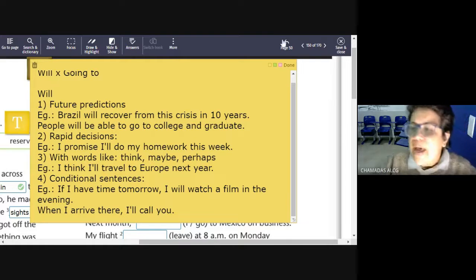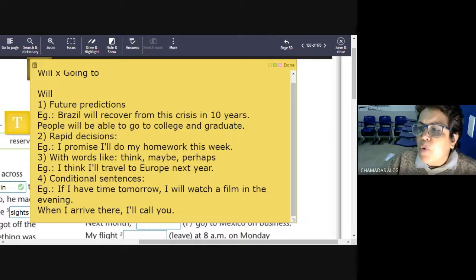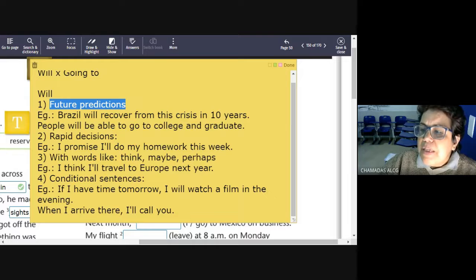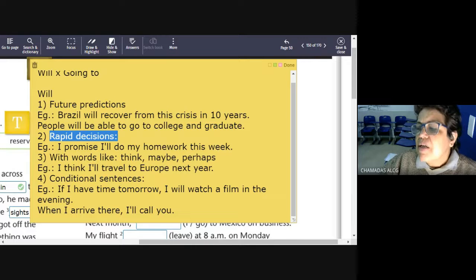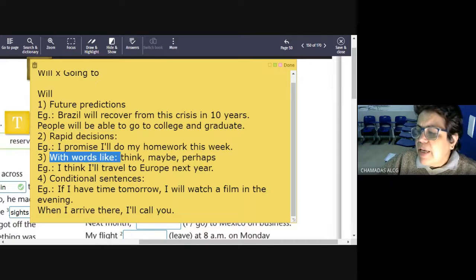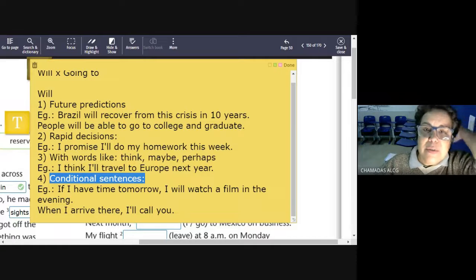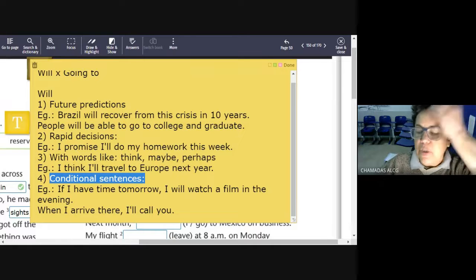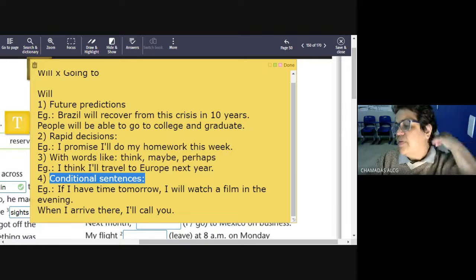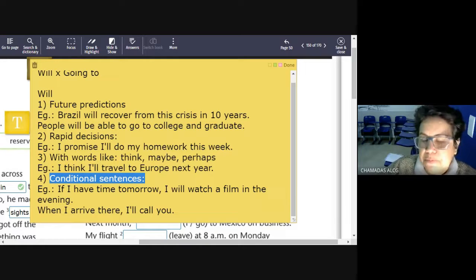So to sum it up, we use will for future predictions, rapid decisions, with words like think, maybe, perhaps, and conditional sentences. When we have time clauses, usually, okay? Time clauses in the future.